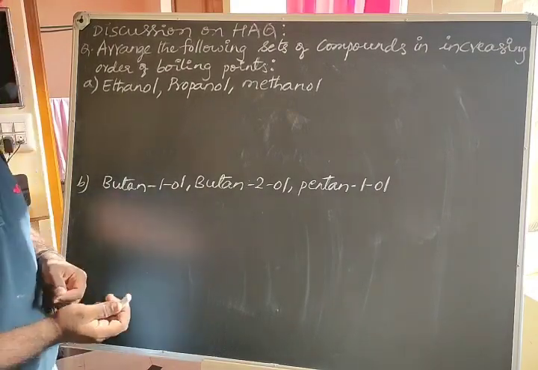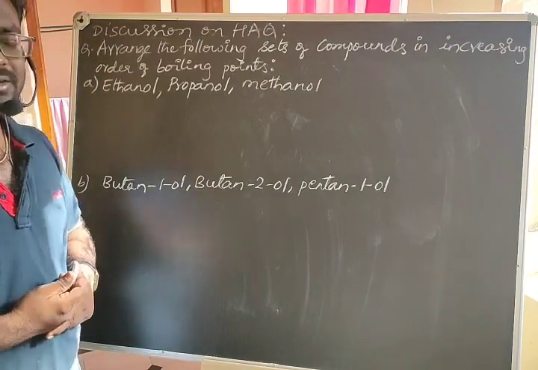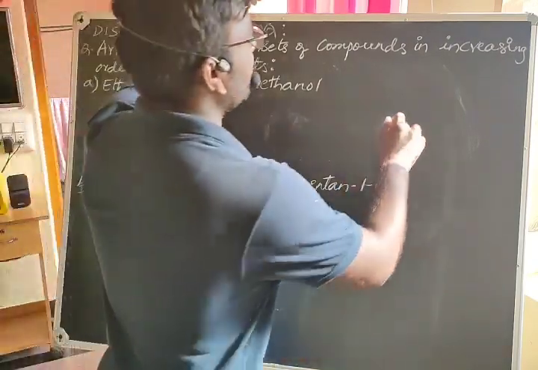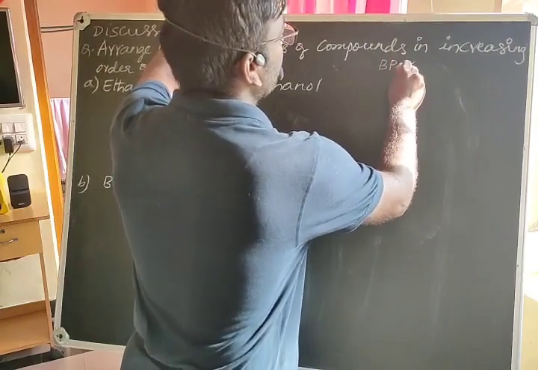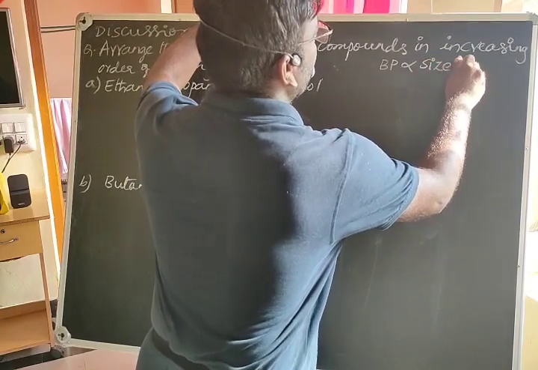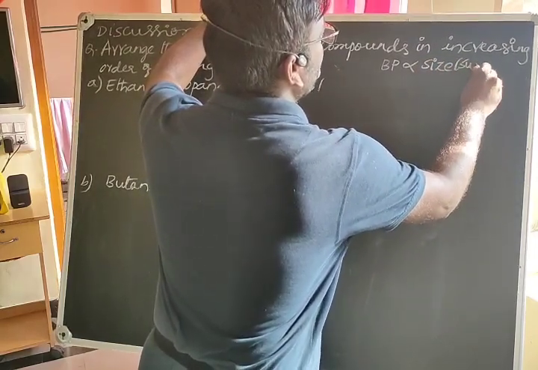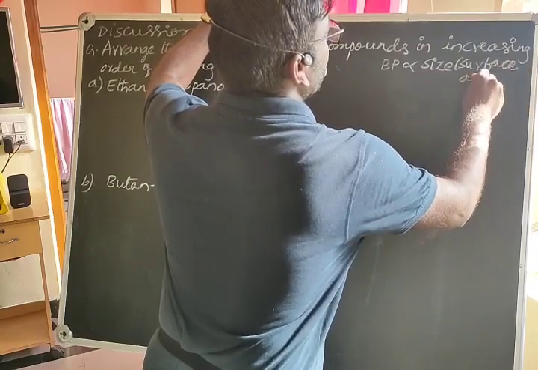The BP of alcohols increases with increase in the size or surface area. So BP of the compounds are directly proportional to size or surface area of the compound.